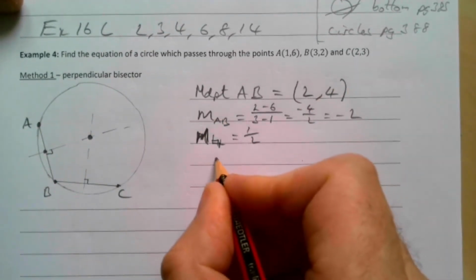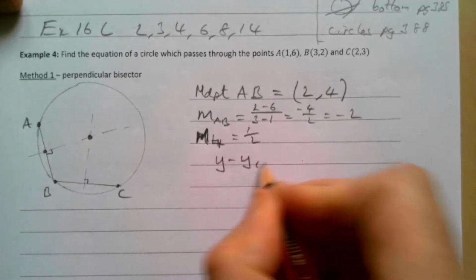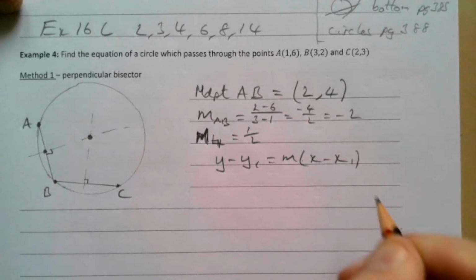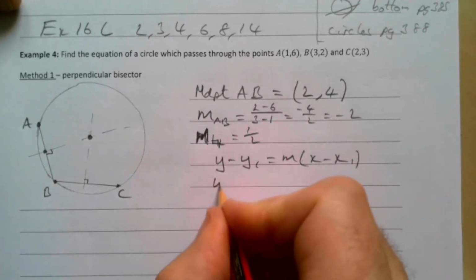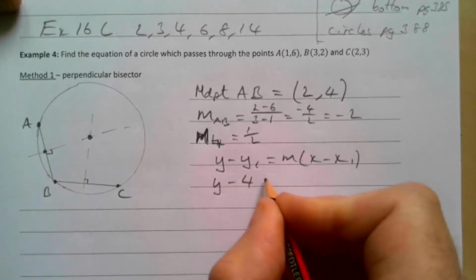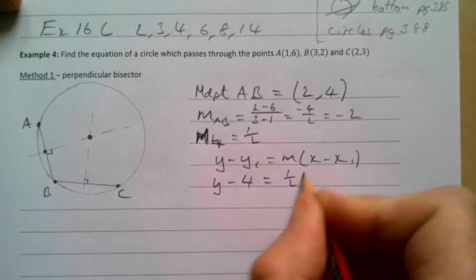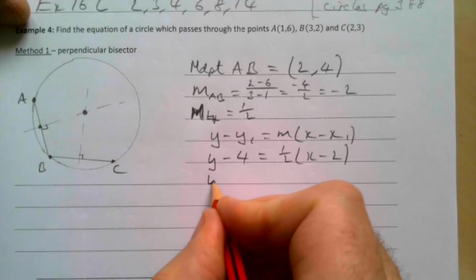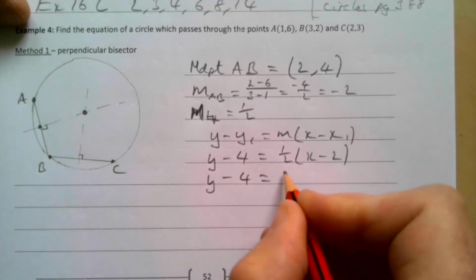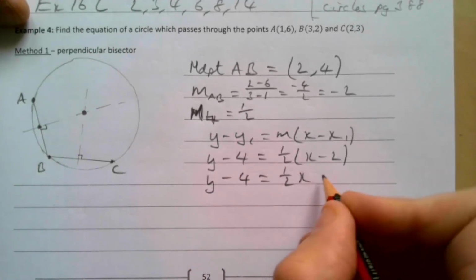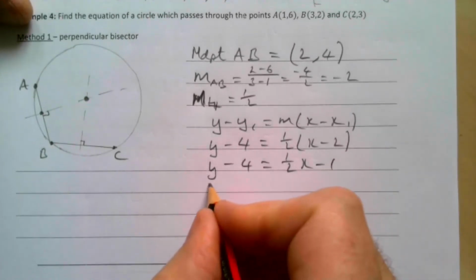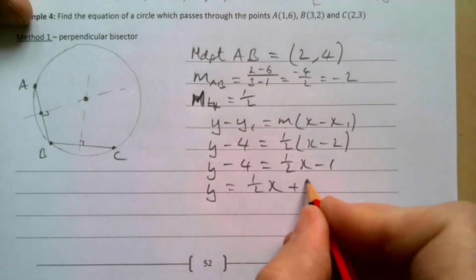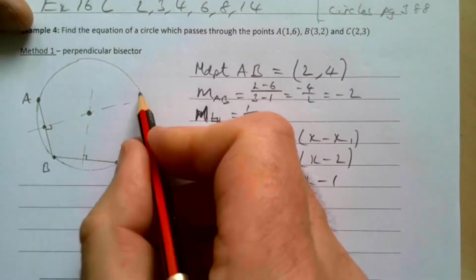So I can substitute that into y minus y1 equals m(x minus x1). y minus 4 equals a half (x minus 2). y minus 4 equals a half x minus 1. y is a half x plus 3. So that's my equation of this line.